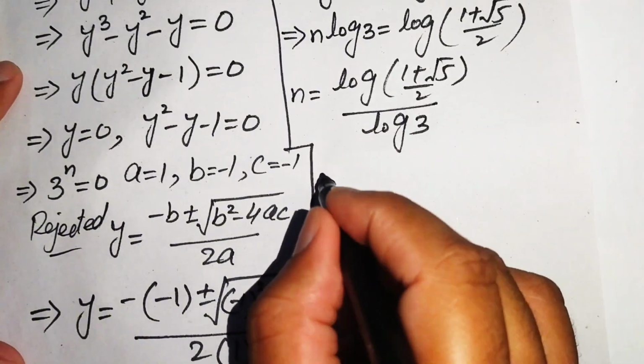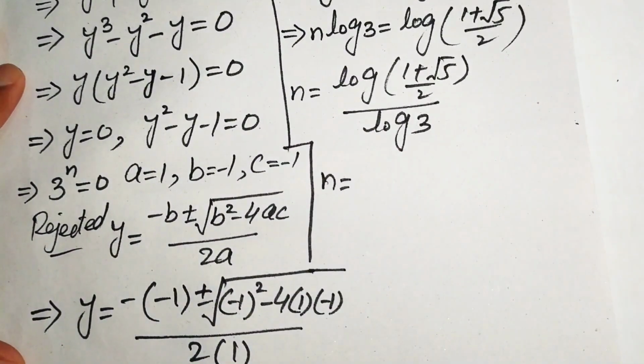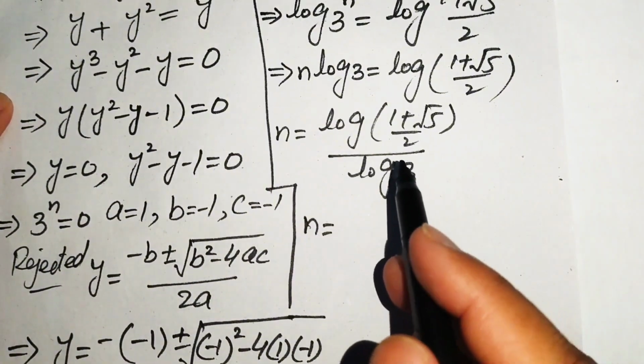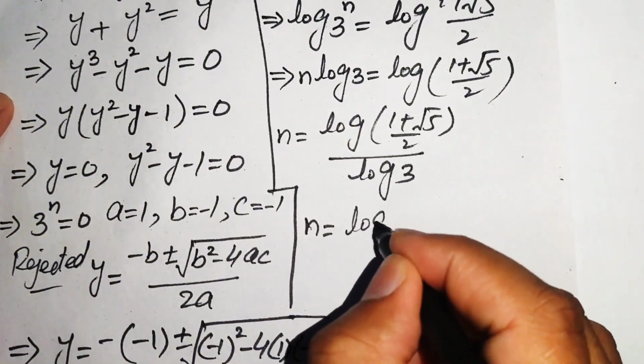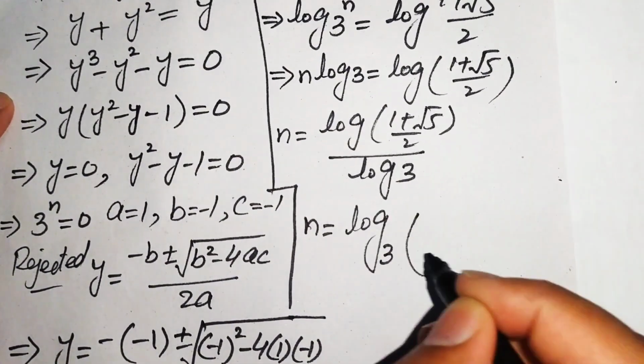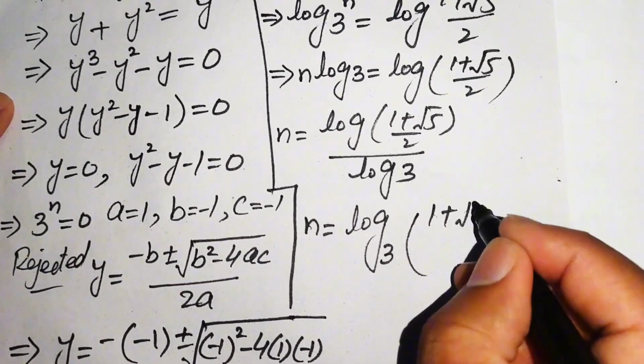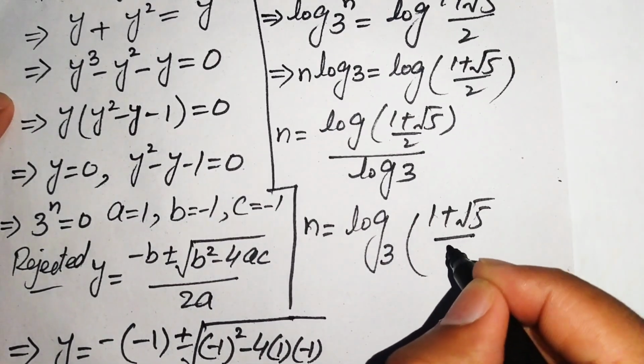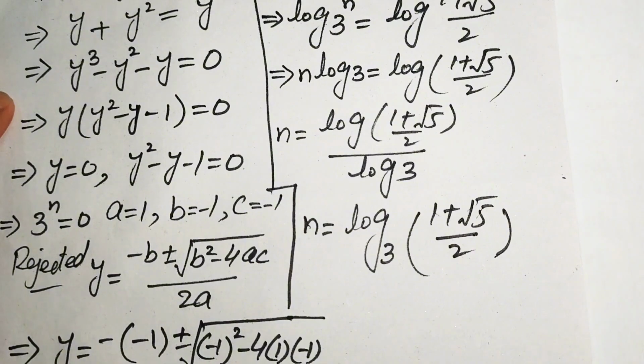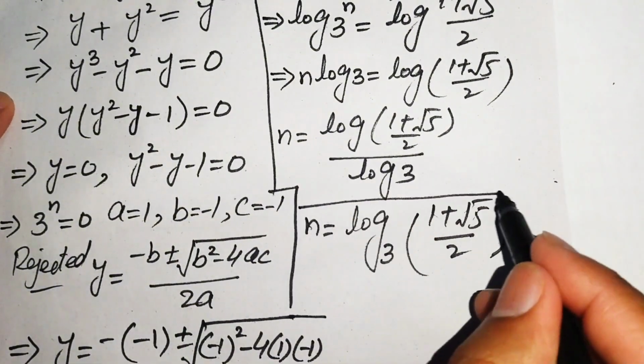So here we have another property of log, in which we combine these two terms, and we write the combined form of this as log base 3 of 1 plus square root of 5 over 2. So this is our final answer of this question.